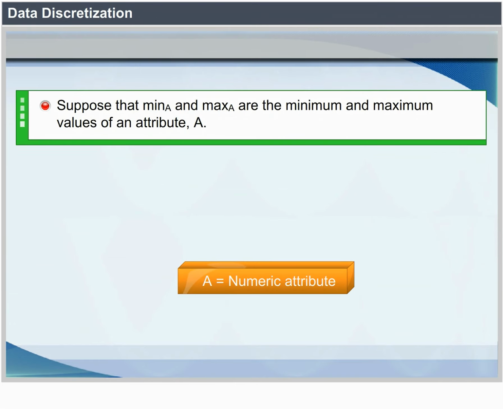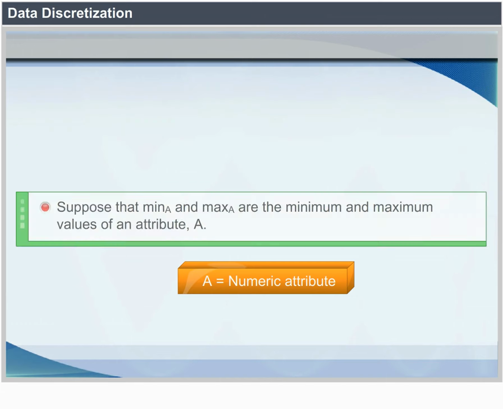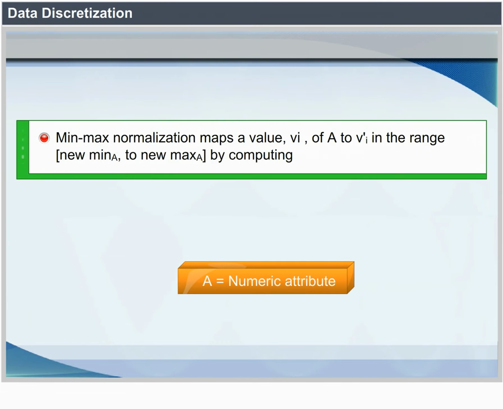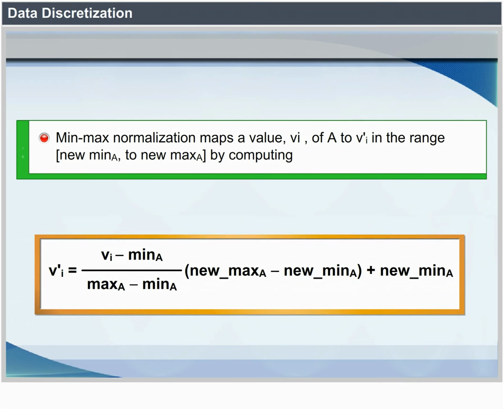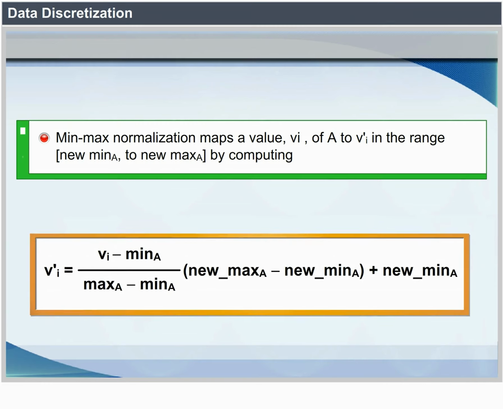Suppose that min_A and max_A are the minimum and maximum values of attribute A. Min-max normalization maps a value v_i of A to v_i' in the range new_min_A to new_max_A by computing v_i' = ((v_i - min_A) / (max_A - min_A)) × (new_max_A - new_min_A) + new_min_A.